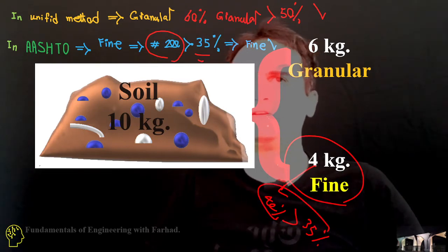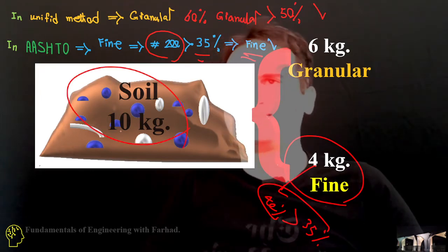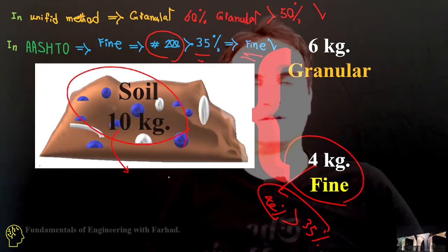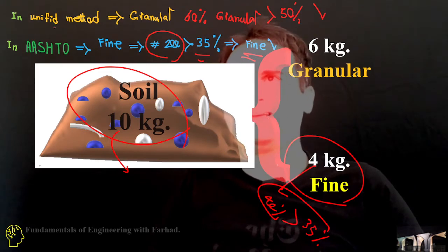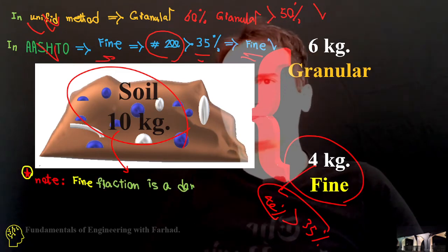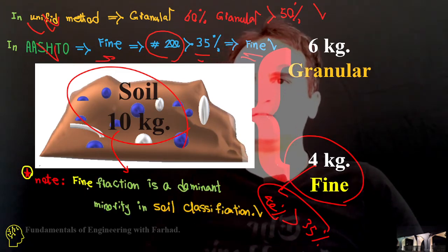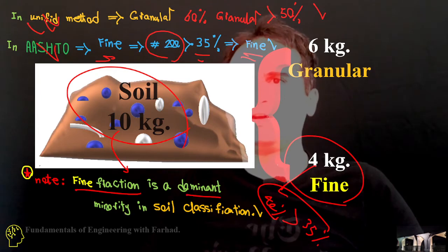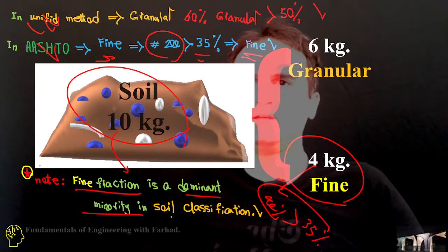It is considered fine-grained soil. So the same soil, when it comes to separation, has a difference between Unified and AASHTO based on fine material. So it says the fine fraction is a dominant minority in soil classification.